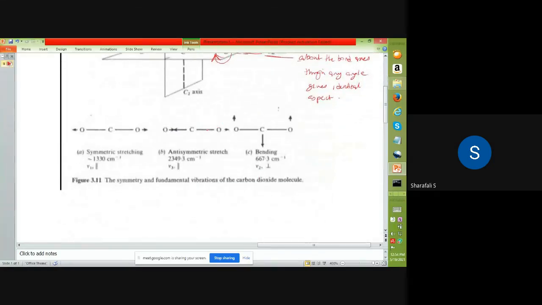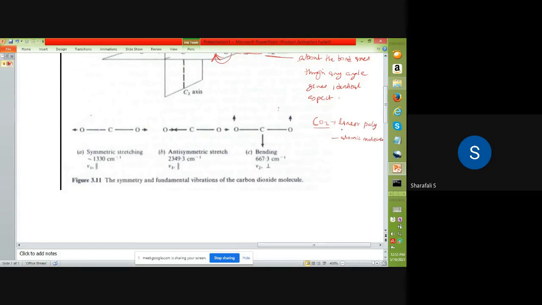And if you are considering the vibrations for the carbon dioxide molecule, this is a linear polyatomic molecule.